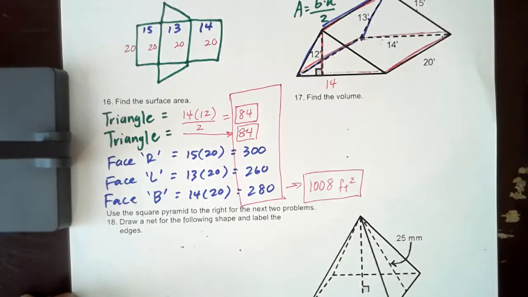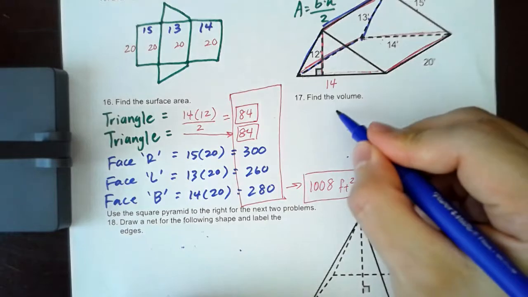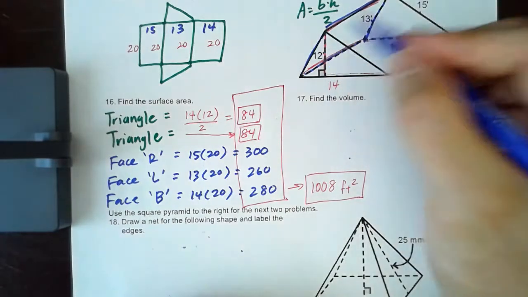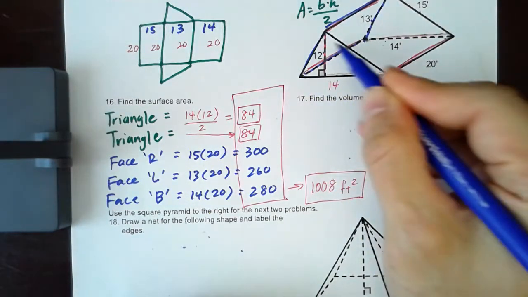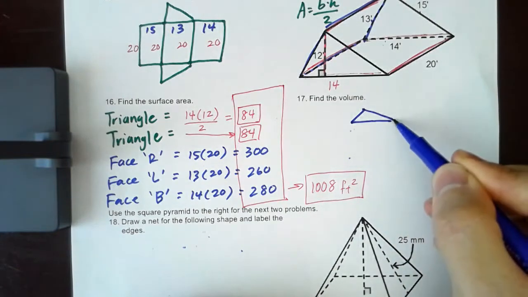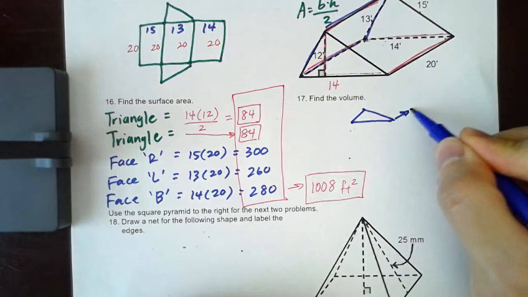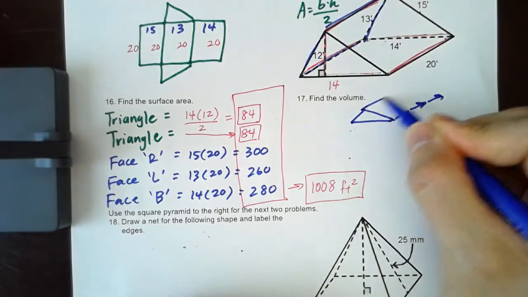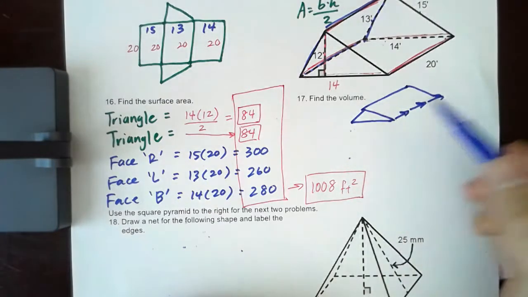Now, volume for a triangular prism, well, you just have to find the area of the triangle, right? You have to find the area of this triangle right here. And once you find the area of that triangle, class, you then multiply it by the depth and you end up getting the total volume, right?